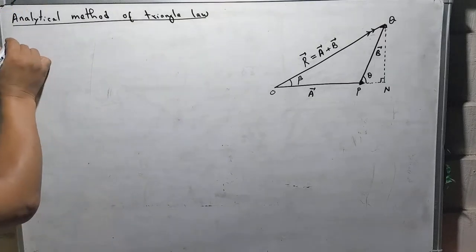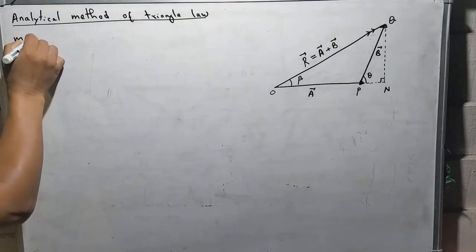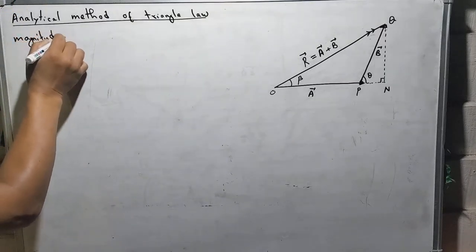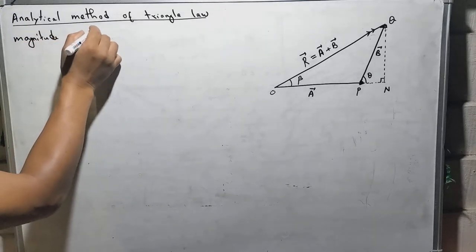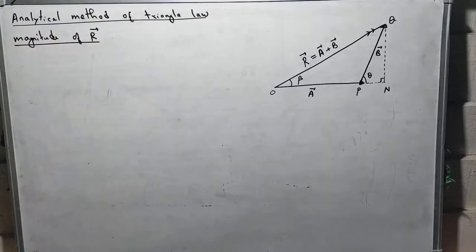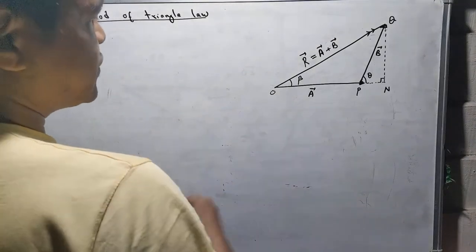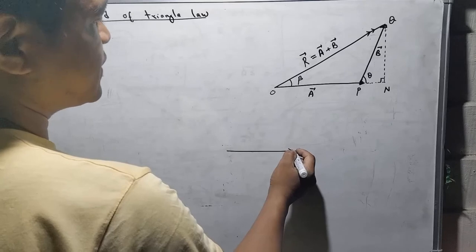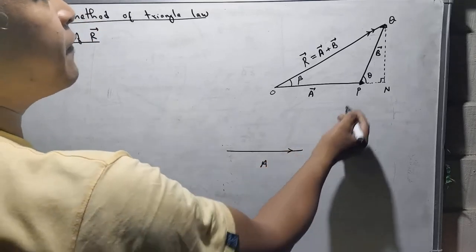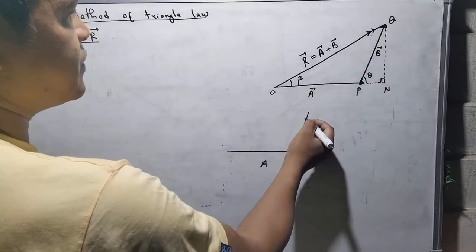Now, I want to know how much is the magnitude of this resultant vector. So for that, we will discuss here the magnitude of resultant vector R. Let us imagine that this vector A is acting in this direction, and vector B is acting in this direction.